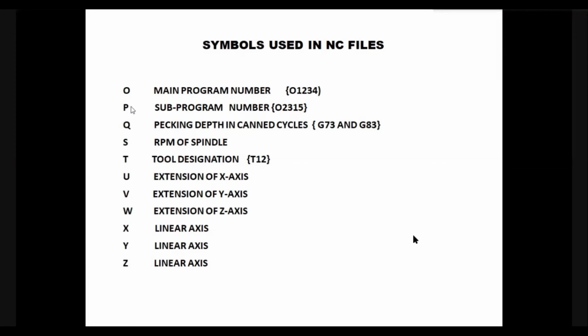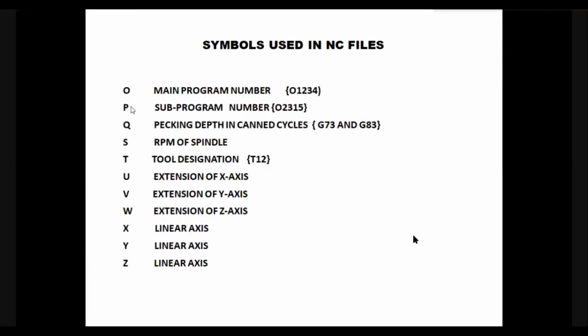T stands for tool number, tool designation or tool name, T12, T1, T40, T39 like that. As I have said earlier, U, V, W are the extensions of the X-axis, Y-axis and Z-axis. There will be a telescopic arrangement in the machines, especially for heavy machines, which can be 5 to 6 meters in stroke in each axis.